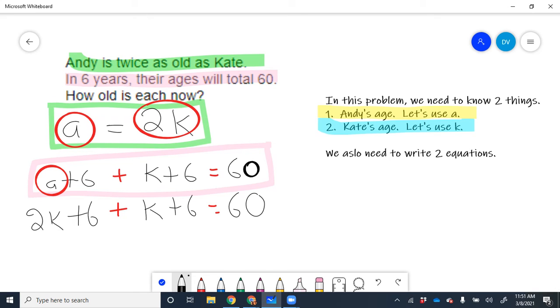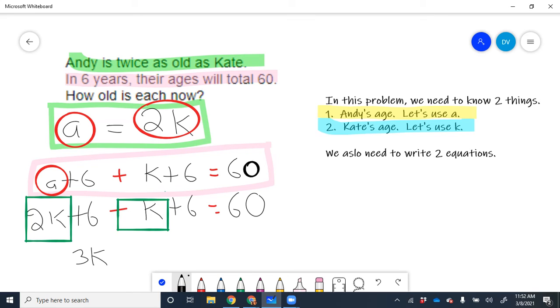I want you all to write this equation that I just wrote down, please. Okay, so that equation, like I said, might look a little bit longer because instead of A, it has 2K. But it's actually easier because it only has one letter. That one letter is the letter K. It has K here and another 2K here. So what do we get if we add 2K plus K? Isn't that 3K?